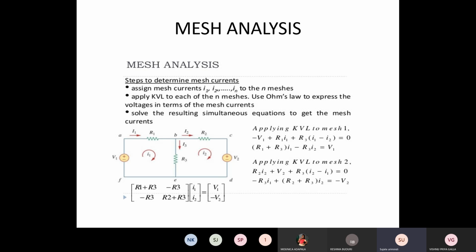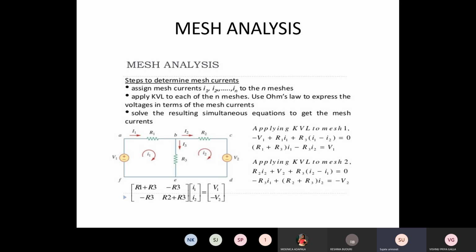It belongs to the I1 current only. So when the current is entering, put plus, leaving will be minus. And coming to the R3 resistor, when the I1 current is entering here, put plus, leaving will be minus.